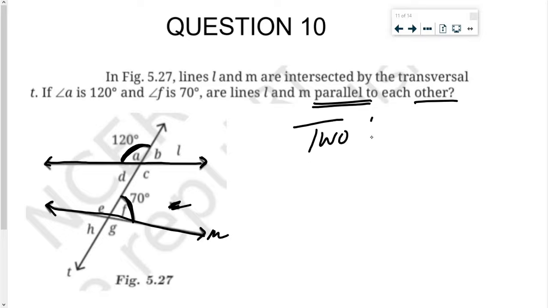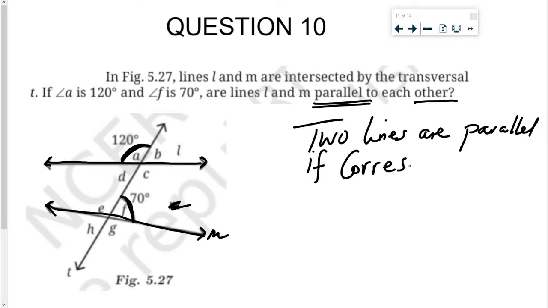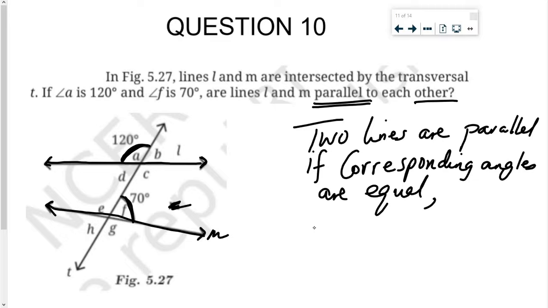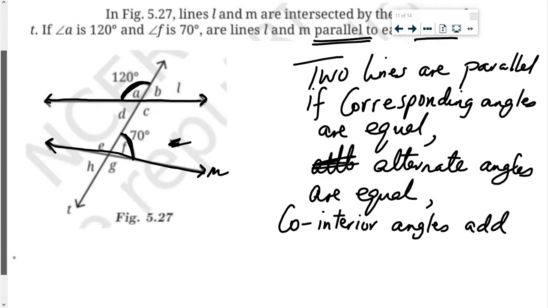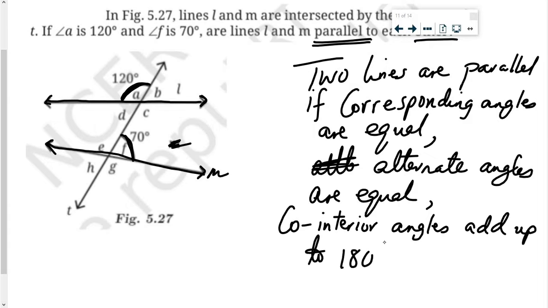Now we say two lines are parallel if corresponding angles are equal, or alternate angles are equal, or co-interior angles add up to 180 degrees.